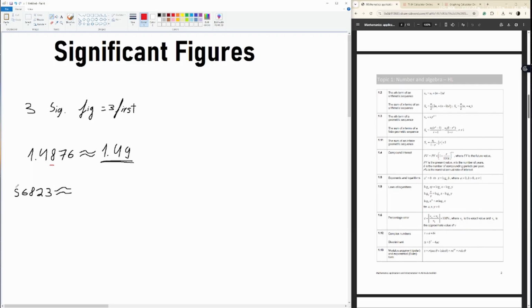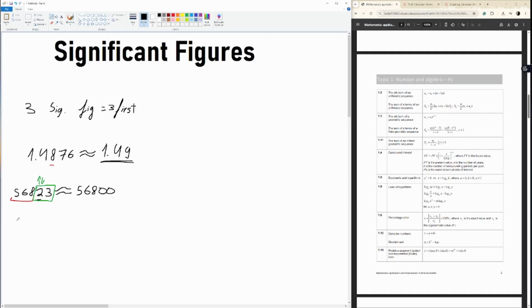Therefore you do the same thing, you just choose the first 3 numbers and then you look at the next one to see whether you have to round up or stay the same, and here you see, because it's 2, it doesn't round up, so you have to give your answer as 56,800 euros, and you completely wipe out the rest. Even if they are a full number, you still don't include them because you will lose points because of this.